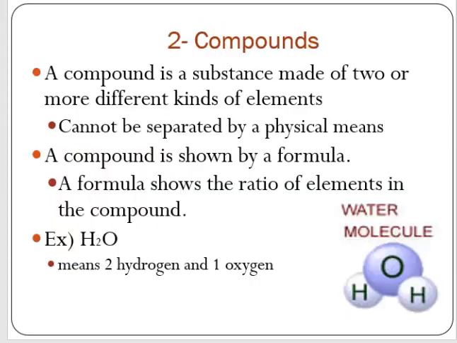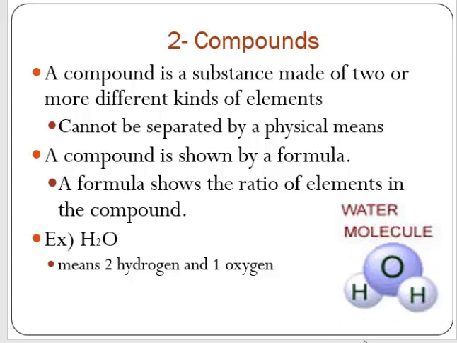The second type of matter is compounds. This is where you actually take two or more different types of elements. So if you take two of those elements, such as two hydrogen atoms, if you look down here, and we have them bound together with an oxygen, creating a different type of matter, and that's what's creating this molecule right here.